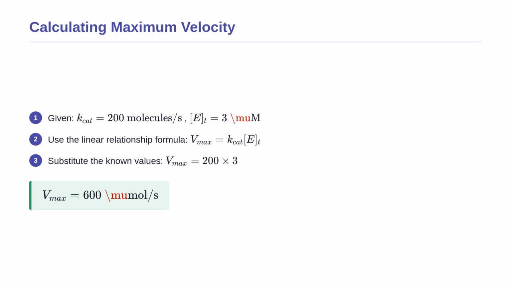We use our linear formula and substitute 200 for the turnover number and 3 for the enzyme concentration. Multiplying these together represents every single enzyme molecule working at its absolute maximum speed simultaneously. The result is 600 micromoles per second. If we doubled the enzyme to 6 micromolar, the velocity would double to 1200.